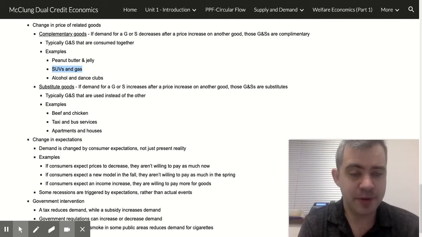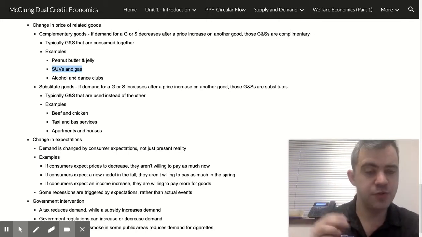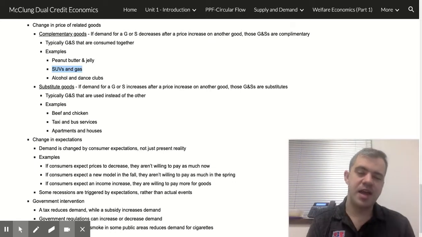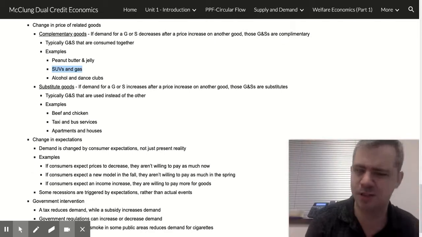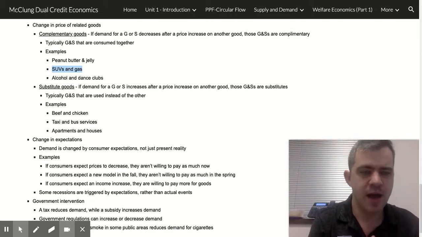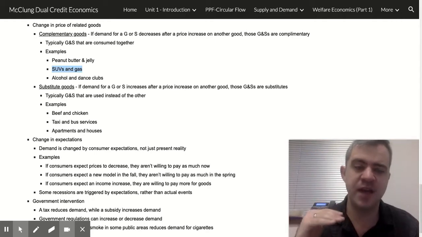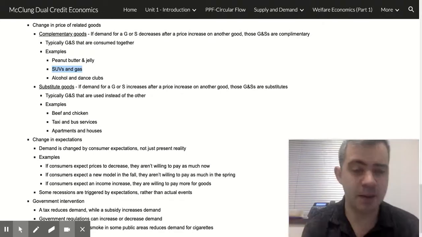When that happened, what do you think happened to demand for SUVs? Well, it went down. Because if I buy this SUV, I'm also going to have to buy this expensive gas, and I go, maybe I don't want to do that. But the opposite is also true. As the price of gas goes down, your demand for SUVs climbs back up.